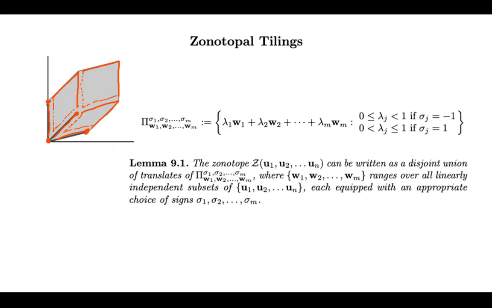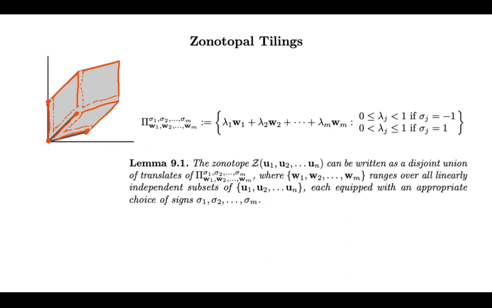And what I've done here is always possible. This is stated in Lemma 9.1. So I can take a given zonotope and write it as the disjoint union of certain translates of half-open parallelepipeds. Those parallelepipeds are generated by linearly independent subsets of the given vectors, and I need exactly one parallelepiped per subset.